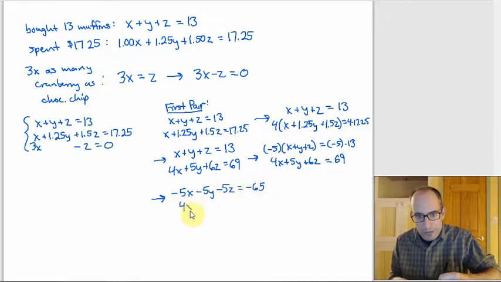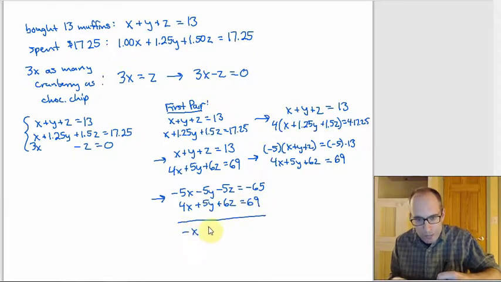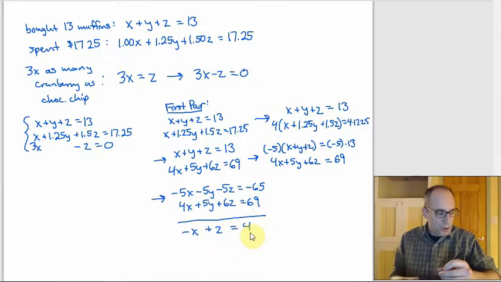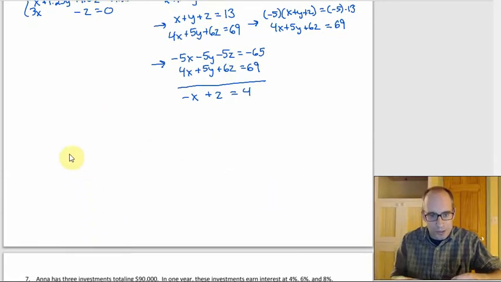And then 4x plus 5y plus 6z equals 69. If I add those, that's going to be negative x plus z equals 4. Okay, now we're there where we've got the two equations with the two unknowns.